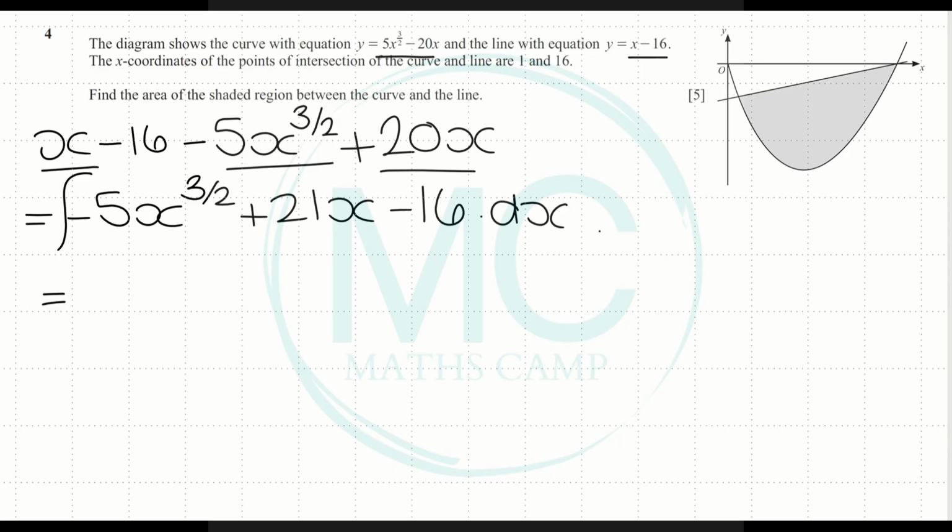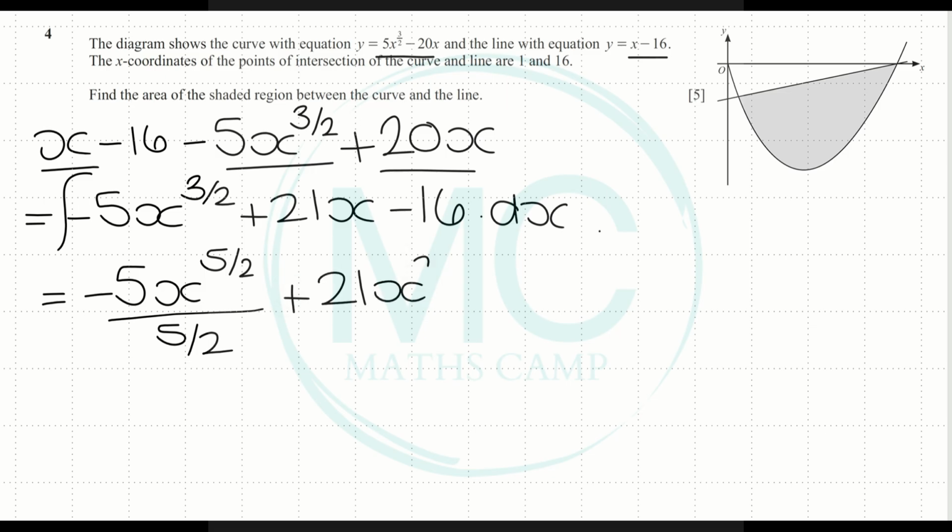And we're going to get negative 5x with an exponent 3 over 2 plus 1 becomes 5 over 2, all over 5 over 2, plus 21x squared minus, remember that your constant becomes your x term, so 16x. Now let's tidy this up.